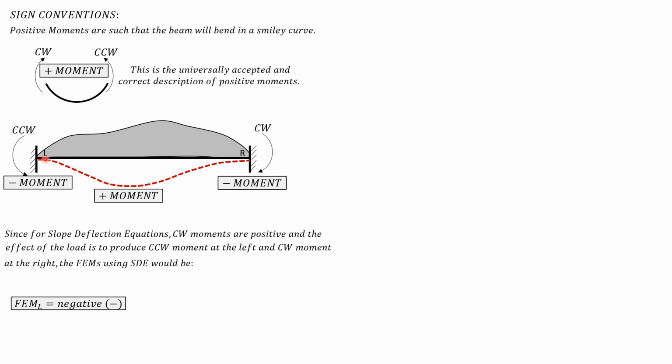The sign is negative because it is counterclockwise here. Clockwise is positive in the slope deflection convention. And on the right side, it is positive. So plus fixed moment: at the left, that fixed moment is negative, or in other words, counterclockwise. Then for moment R, when you add fixed moment right, it is positive because it is expected clockwise.